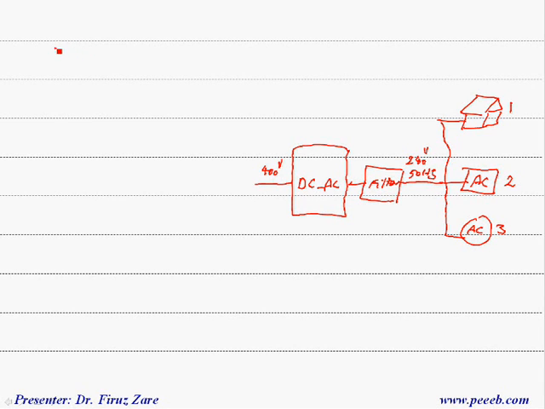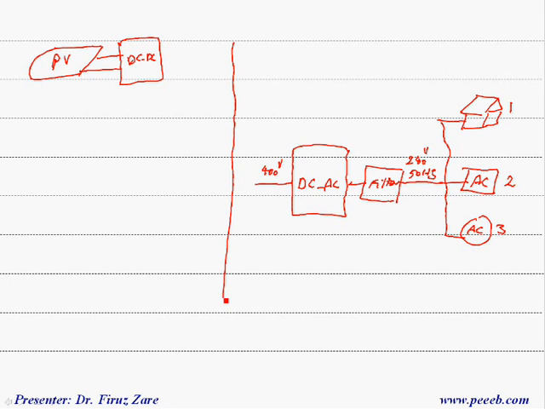And if you look at the PV system, this PV is connected to a DC-DC converter, so if this is the 400 DC bus, that means this one is connected to 400 volts and that voltage is regulated.